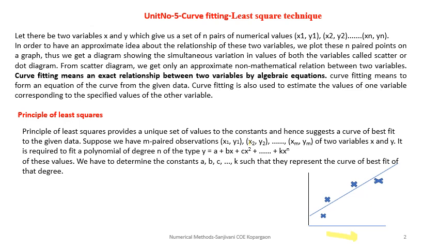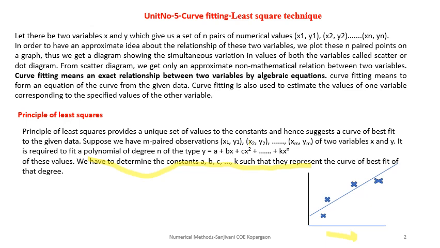Then it is required to fit a polynomial of degree n of the type y is equal to a plus bx plus cx square and so on up to kx raised to n, where n is related to the number of points. So we have to determine the constants a, b, c up to k such that they represent the curve of best fit of that degree.